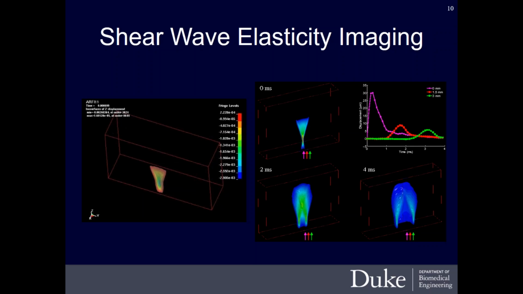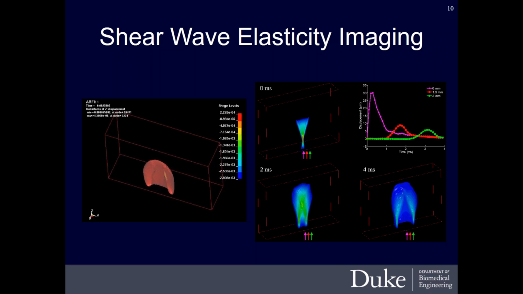To track how fast that wave is traveling, we look at a multitude of spatial locations that are spatially offset from where the excitation was applied. That's shown in the right-hand figure by the 3 different arrows. It's typically more than 3 locations, but this is just for demonstration purposes.